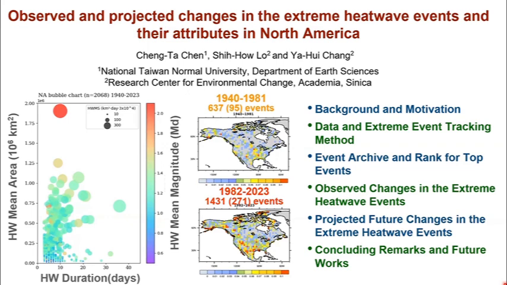And then you can also take statistics of how these events and their attributes changed in the past, and also apply it to the CMIP6 models to first test the reliability of a model to simulate heat waves from an event perspective, and then look at the future change. And I will conclude in the end and talk about some of the future work and possibilities.